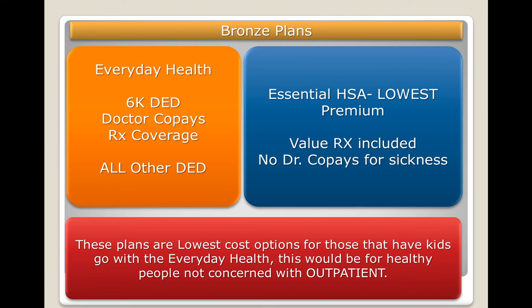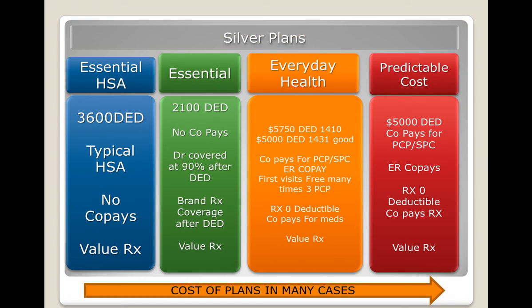Okay, they're good for healthy people, not somebody that's concerned with a lot of outpatient activities, MRIs, CAT scans, and things like that. It is for someone who is looking to manage the cost on a monthly basis. And many of our bronze plans in most locations are going to be available for our middle-aged folks in the 40s. You'll be able to find a lot of 0 premiums there.